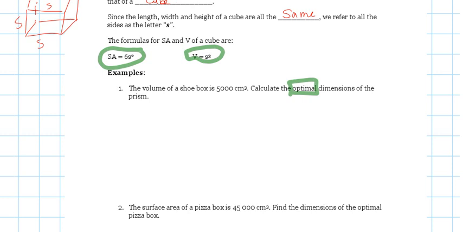What is given to me? The volume. So what formula do I start with? Exactly, because the volume is given to me, I have to start with the volume formula. So volume equals S cubed. My volume is 5,000.